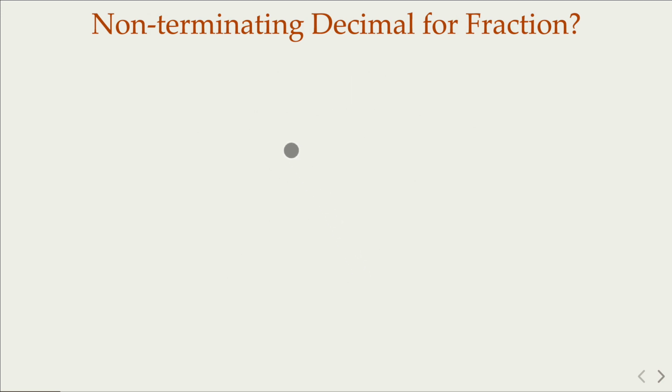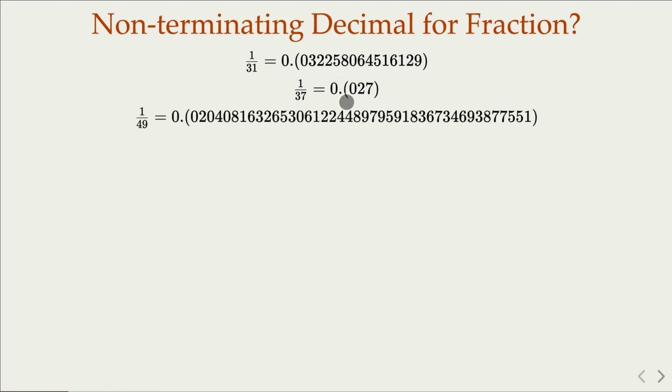But what about the non-terminating case, right? For example, this notation here means the repeating decimal, where this pattern is going to repeat. And there's another example with a shorter period length, and 49 is an even longer one. This is 42 digits here.